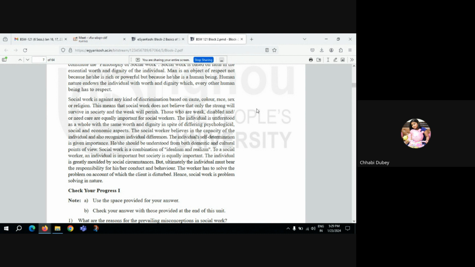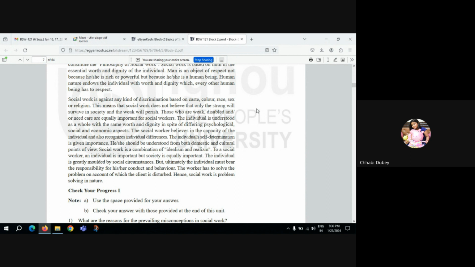And that is what social workers have to talk about: they have to provide services to the weak, to the differently abled, and all those people who are in need of care and protection. This is based on the idea that there is an inherent worth and dignity of every individual, irrespective of how much he owns, how much he earns, or how much power he or she has.